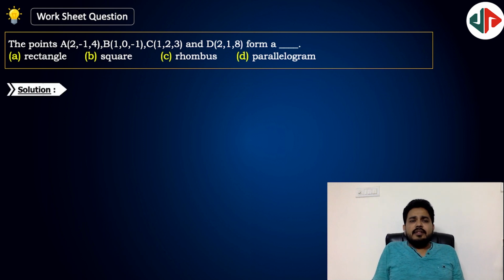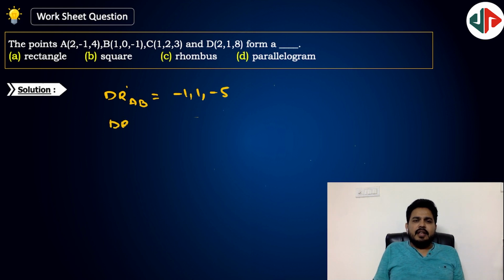The points (2,-1,4), (1,0,-1), (1,2,3), (2,1,8) form what type of figure? So the DRs of AB: 1 minus 2, minus 1, 0 minus minus 1, minus 1 minus 1... DRs of BC: 0, 2, 4.